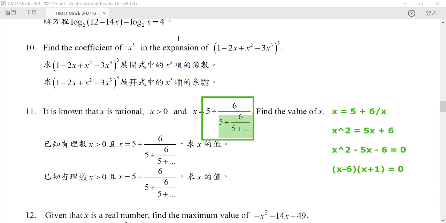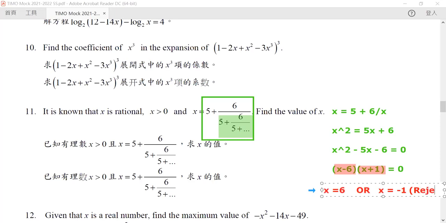Because it is equal to 0, just like other cases for the quadratic equation, we know that one of these factors must be equal to 0. So we know that either x is equal to 6 or x is equal to -1. But you do know that x cannot be equal to -1. Why?